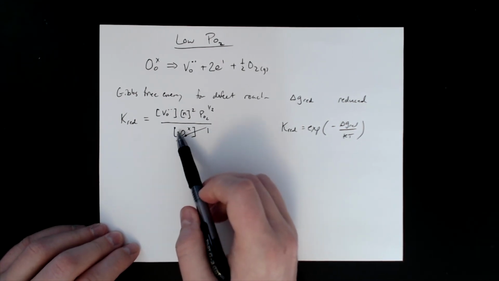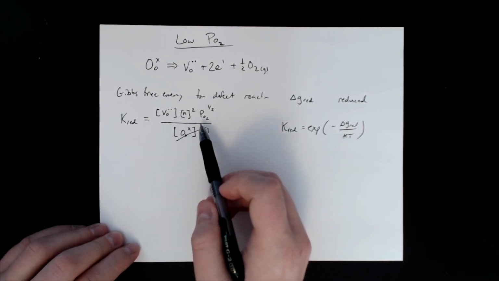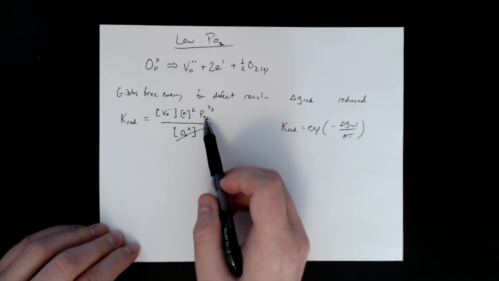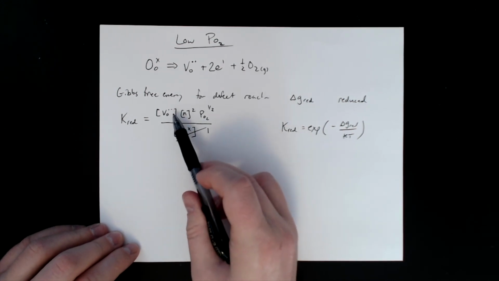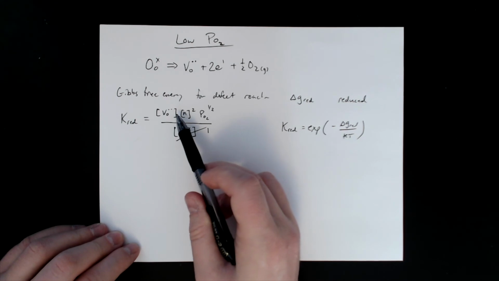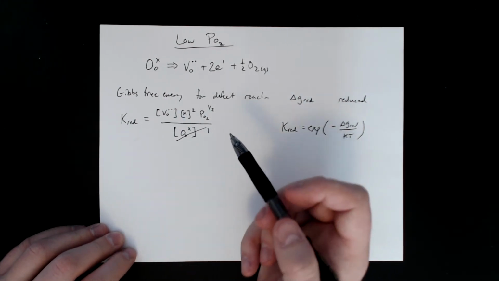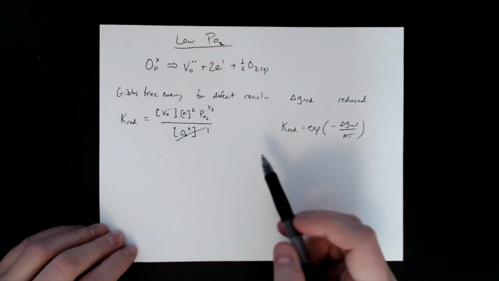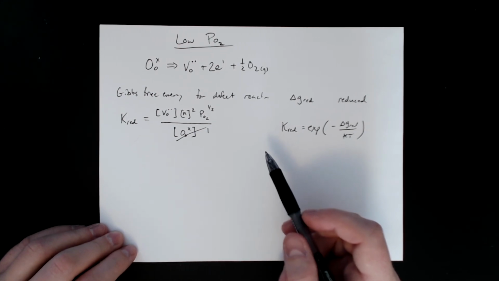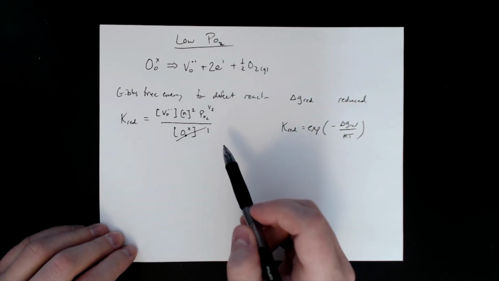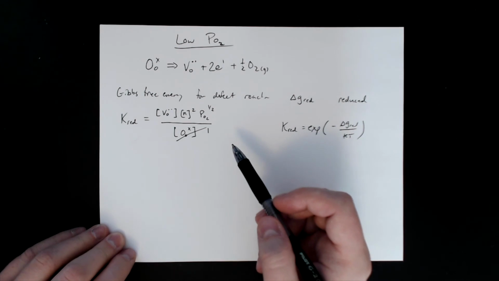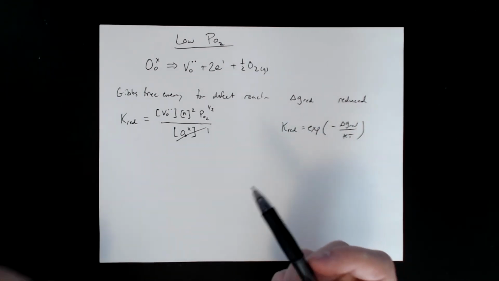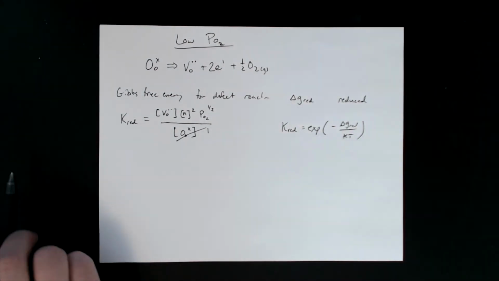Because this is a coefficient, this is a constant. So that kind of shows you it as well. This decreases, this has to increase to compensate. All right, so this is kind of what we're going to do for each of these regions in order to develop relationships that we're going to use in constructing the diagram. And so in the next section, we'll look at what happens in the high PO2 region.